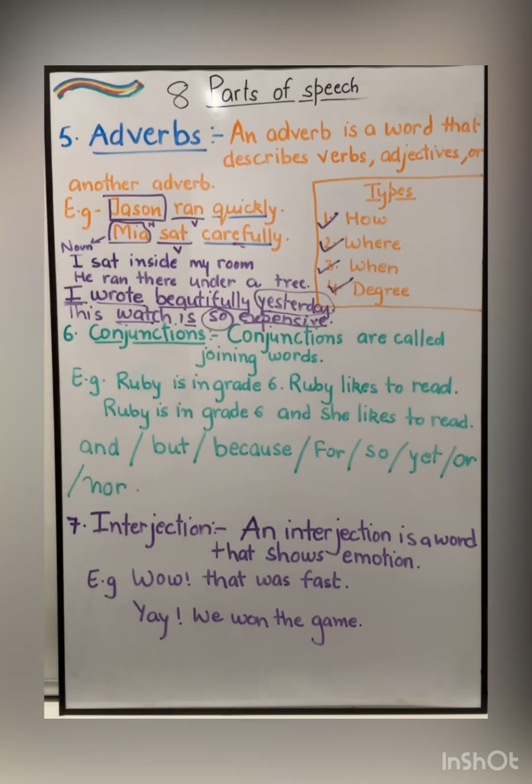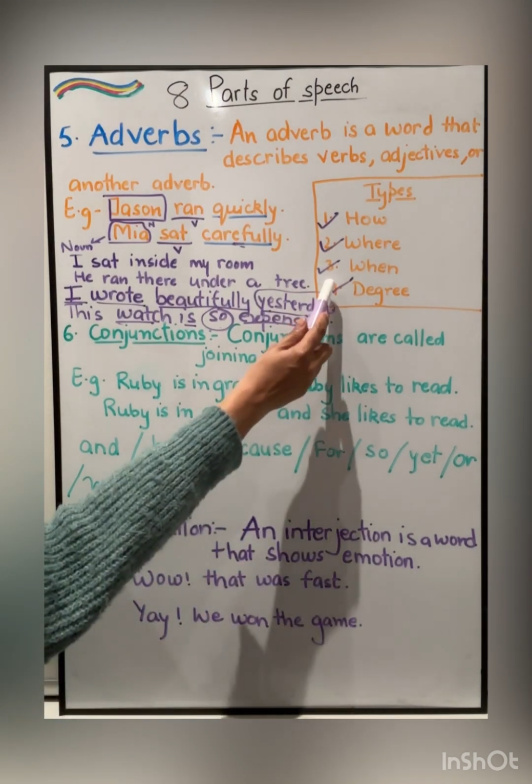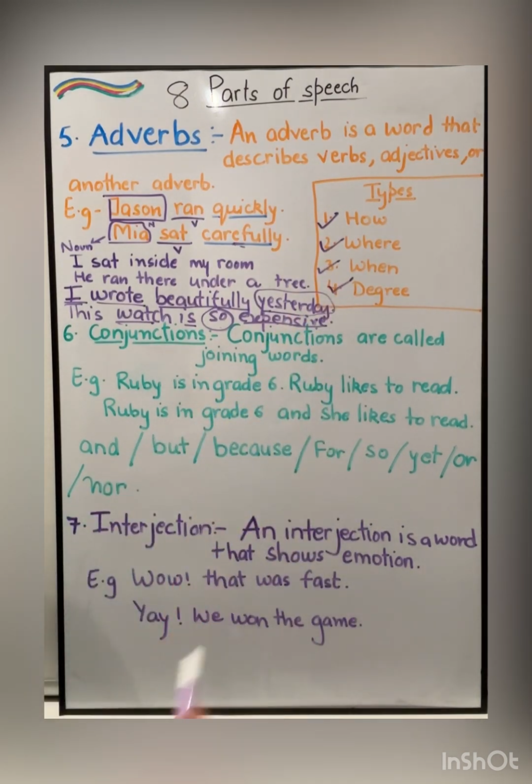That's your number 5, adverb. Adverbs are the words that, in majority, describe the verbs at large. That means how the action has been done, where the action has been done, when the action has been done, and to what degree the action has been done.